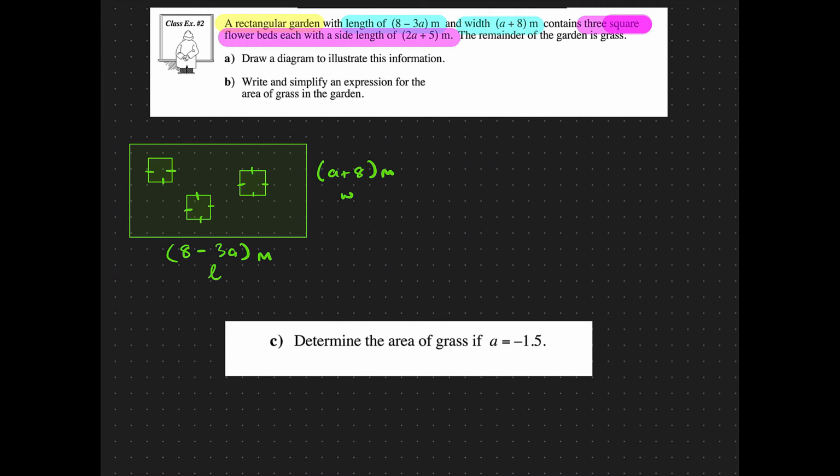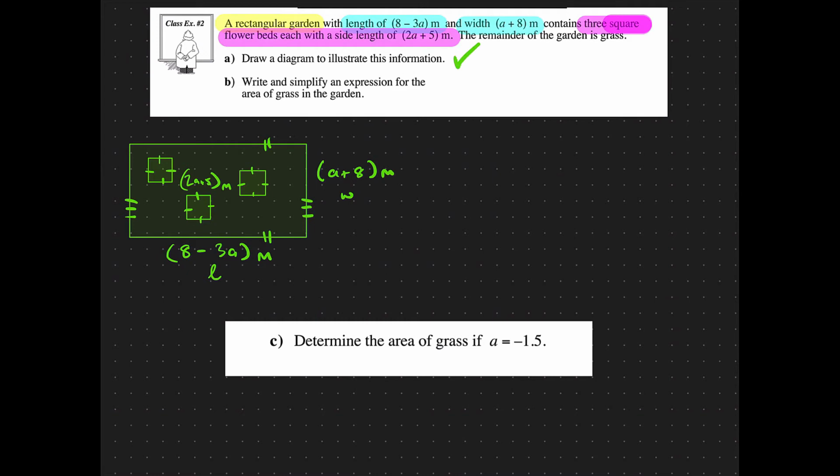So I can put a single little slash. This side over here would be the same as that side, and this side right here would be the same as that side. And each one of these sides on the little flower bed is 2a plus 5, and again the units are going to be meters. Okay, so that would be the drawing done.